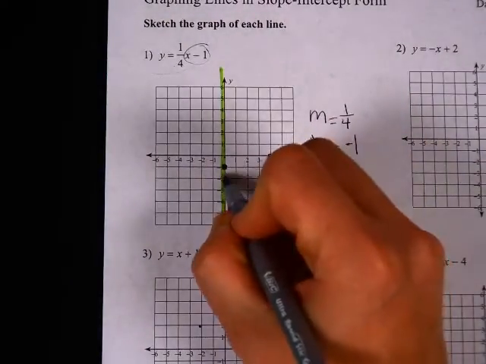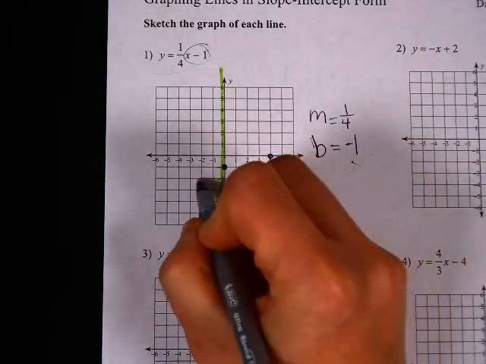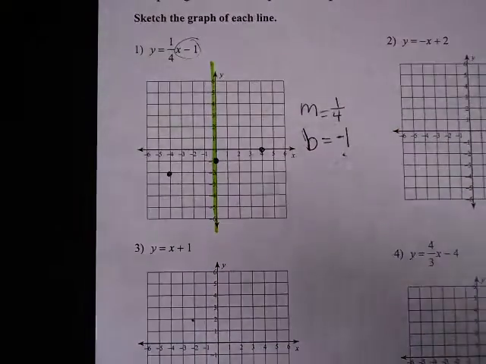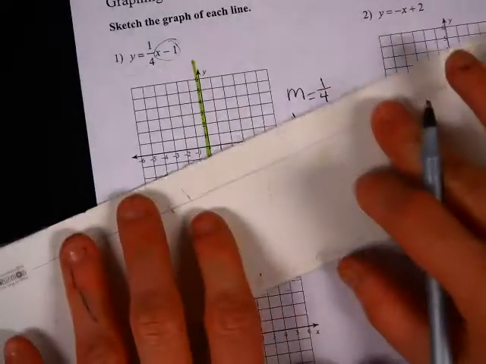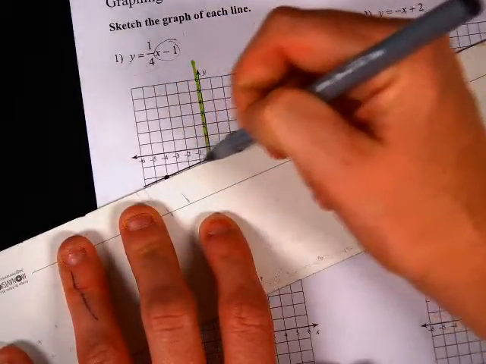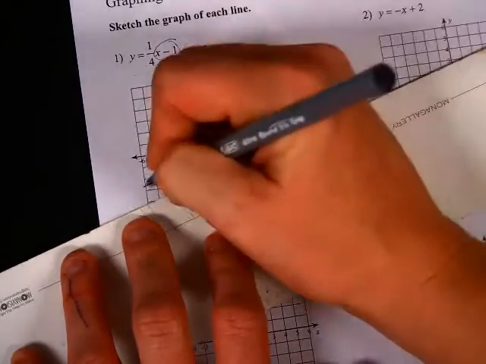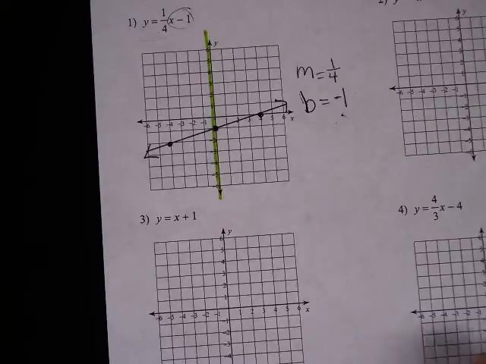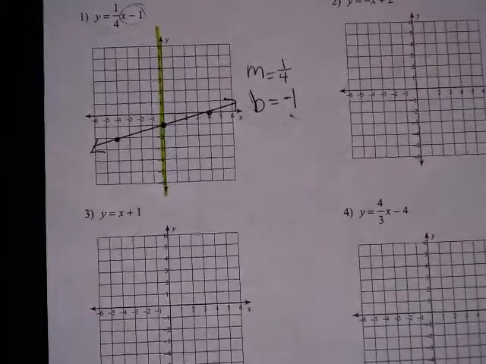So you're going to go down 1, 1, 2, 3, 4. There's my negative. So I have 3 dots. If you want to use a ruler, y'all know where to find them in the drawer. Okay? There's line 1.